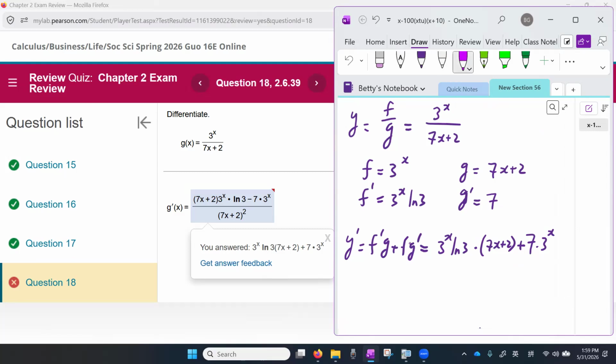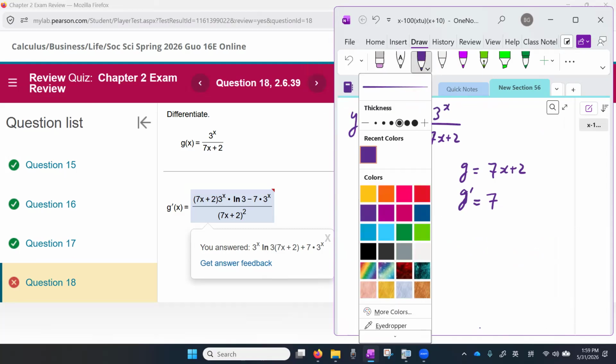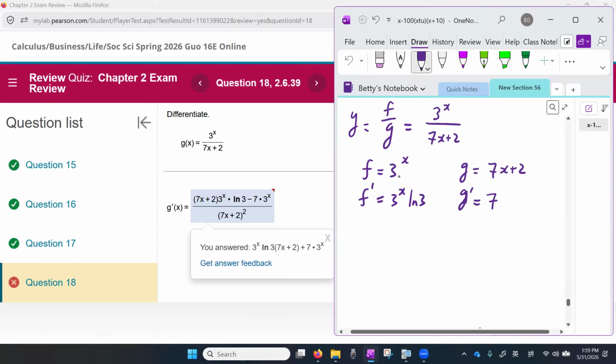I apologize. It's a quotient rule here. How about we redo this problem? Probably doing it too fast. f is the numerator, 3 to the power of x. g is the denominator, 7x plus 2. And we have f prime, g prime found. And y is not a product, it's a quotient.